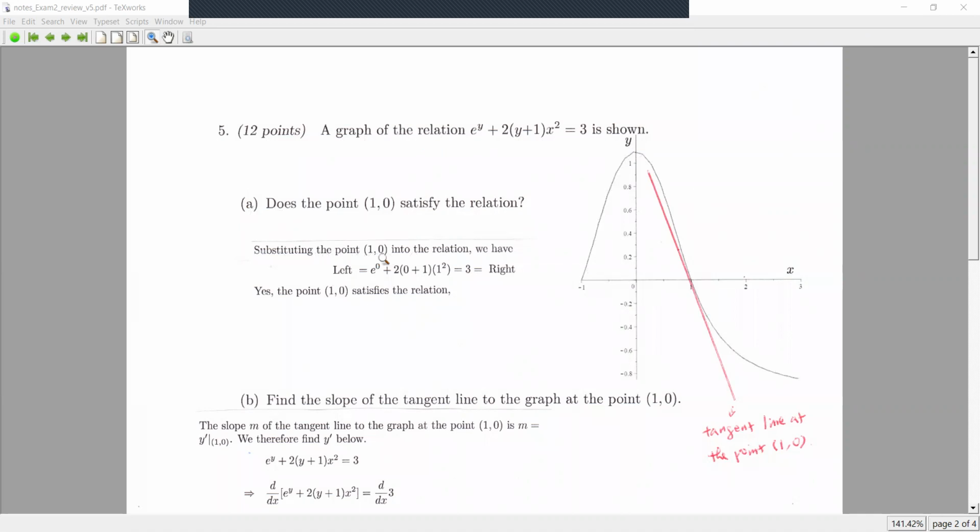Plug in the point into the relation, then it is easy to see that the left side is equal to the right side. Therefore, the point satisfies the relation. Therefore, this point is on the graph of the relation.